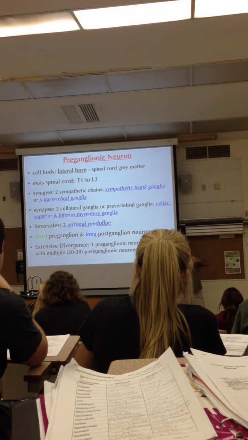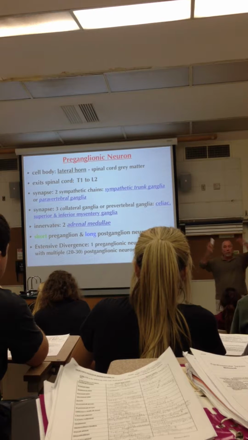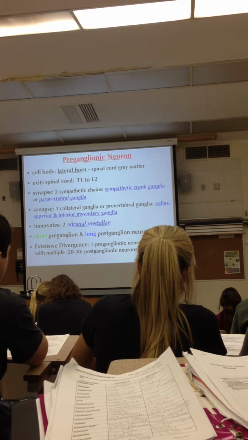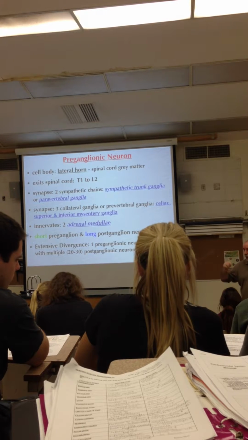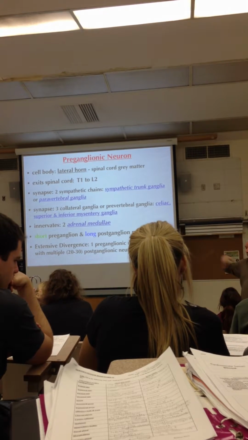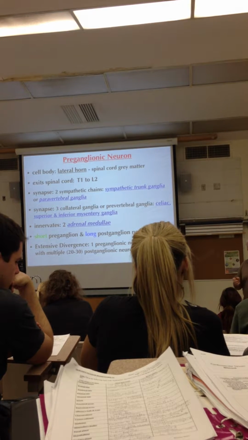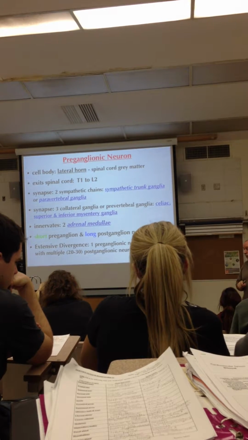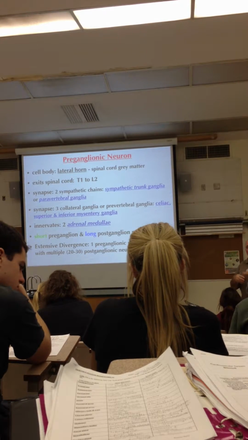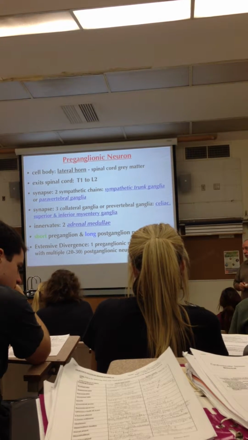In other words, it sends the message out, and now it multiplied it by 20. And you want that in the sympathetic system. You want this system to kick in and really ramp up real quick. And so that's what happens. And it's done from that preganglionic nerve to the postganglionic nerve. The first nerve synapses with a whole bunch of them. This is going to be the opposite of what we see with the parasympathetic.